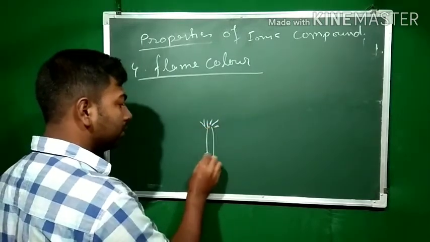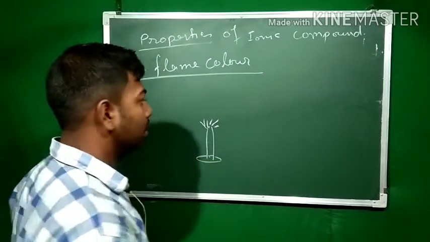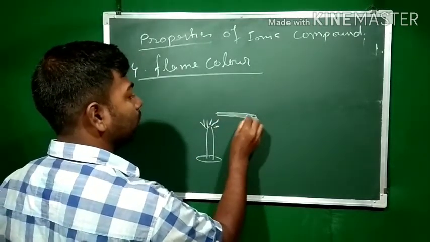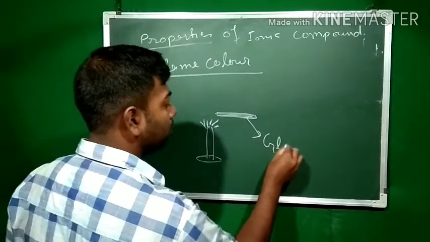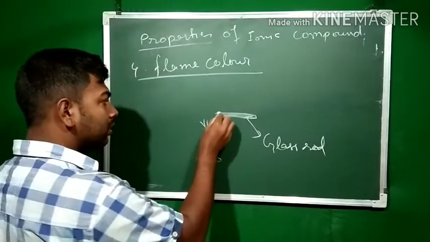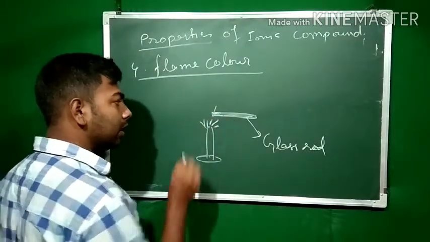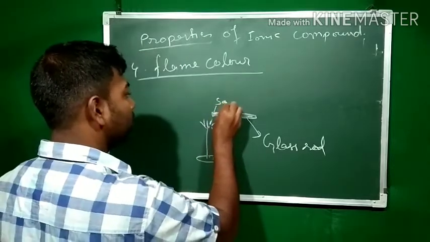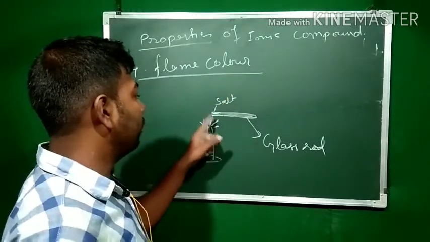Here is a burner. We are taking a glass rod, and on this portion of the glass rod we are taking a small amount of any salt.